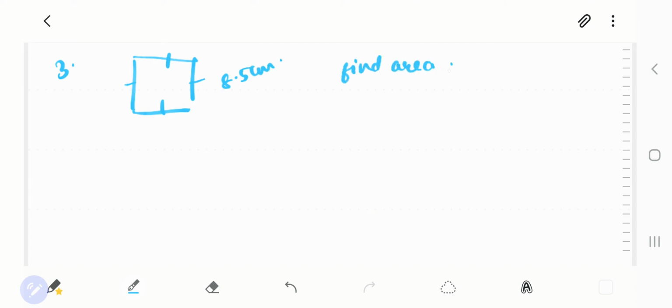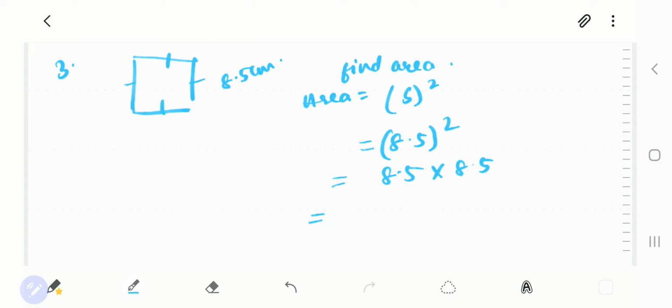Problem number 3, which says each side of a square is given as 8.5 centimeter and you have to find the area. What is the area of a square, my dear kids? It is side square. That means 8.5 square. You can do 8.5 into 8.5 and your answer will be 72.25 centimeter square because these both are in centimeter.